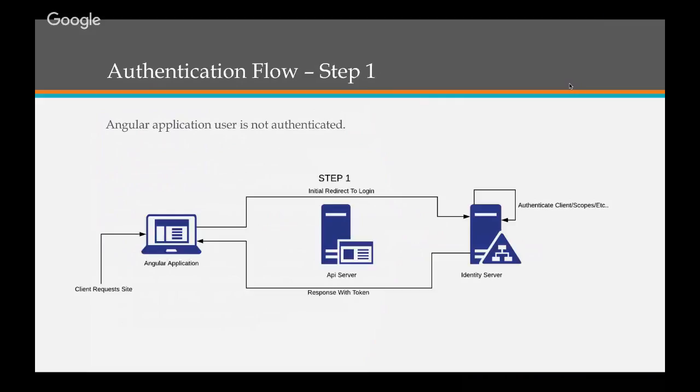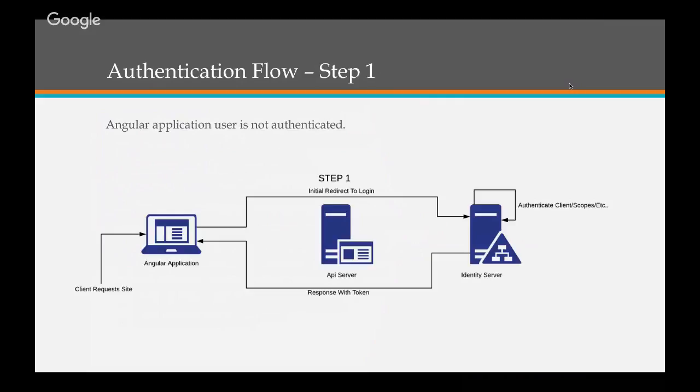After they log in, you verify their role and only send them the modules, or the code, that they have access to. So they can never actually get that code from the server. You're not sending them JavaScript that they shouldn't have access to. So with that being said, we'll move on into the authentication flow.